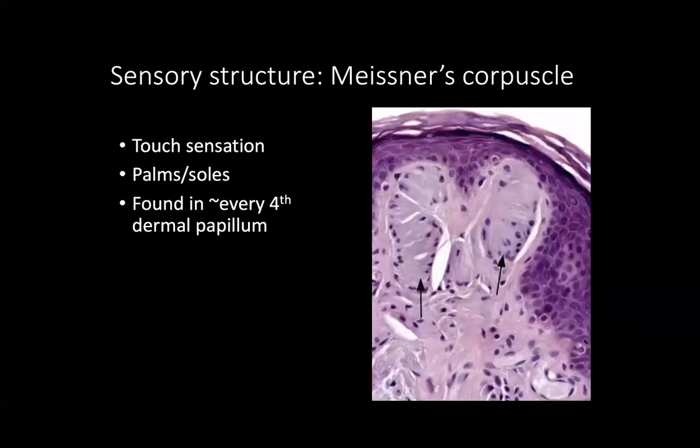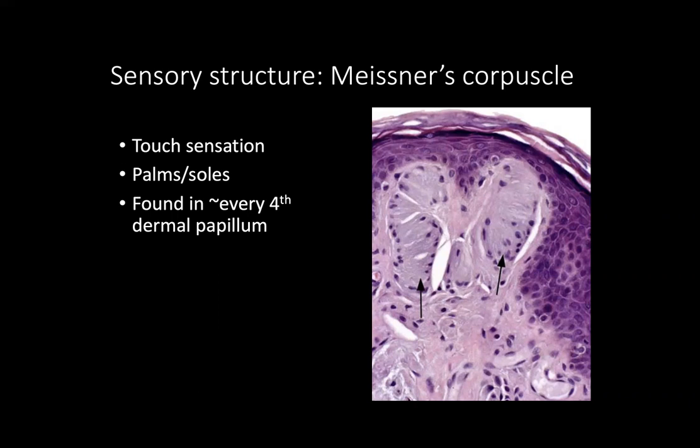There are some specialized sensory structures in the skin. So the Meissner's corpuscle is responsible for the sensation of touch, even light touch. So if you're getting a light massage, or someone lightly touches your skin, or a small bug is crawling on your skin, or the wind is blowing on your skin, you're going to feel that very fine touch sensation.